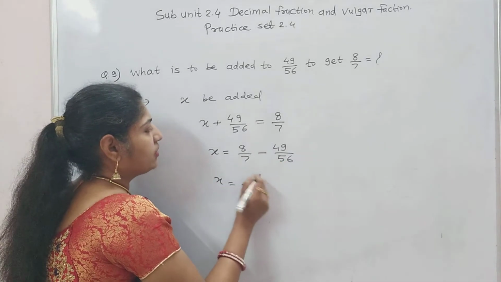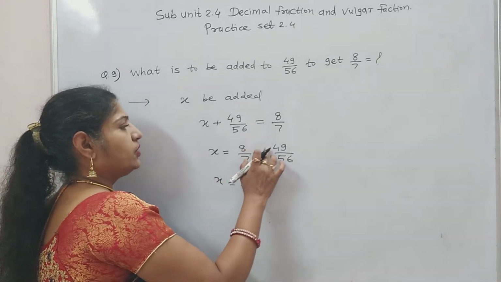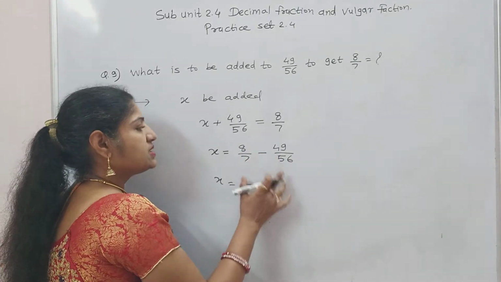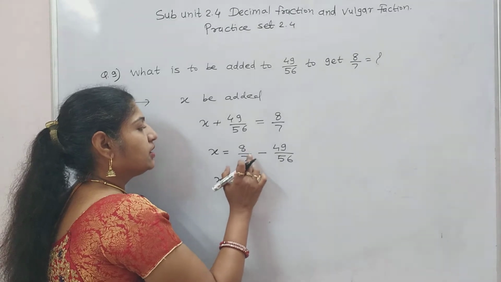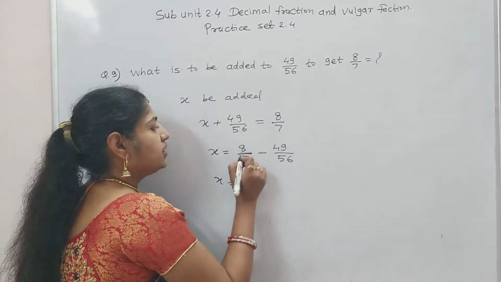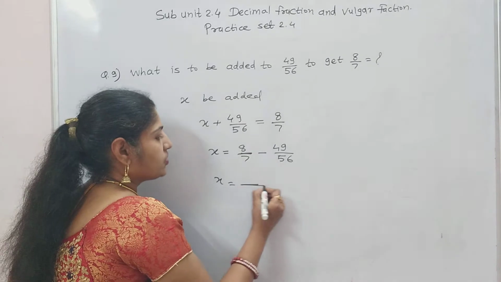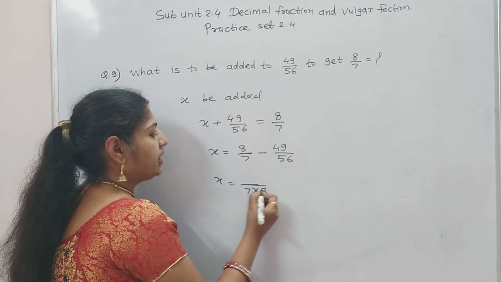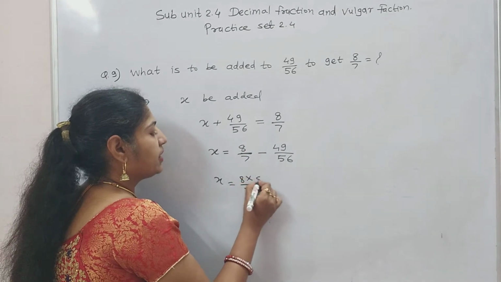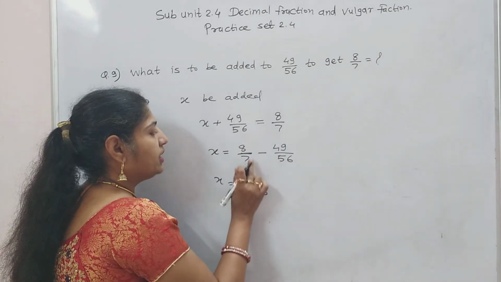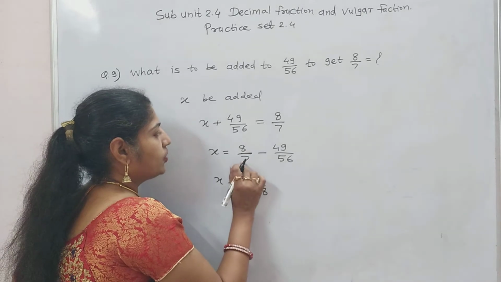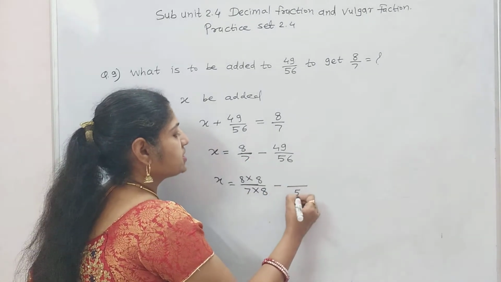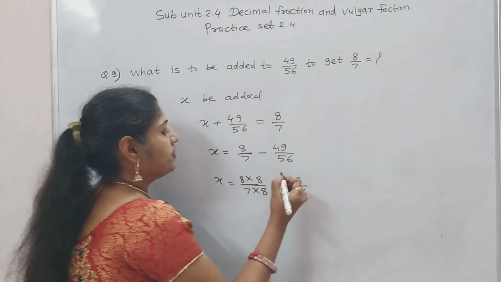Make the denominator equal. We could do cross multiplication, but the numbers are bigger, so we make the denominator equal. 7 8s are 56, so multiply by 8. So 8 is multiplied by 8, numerator and denominator multiplied by 8 to make the fraction denominators equal.